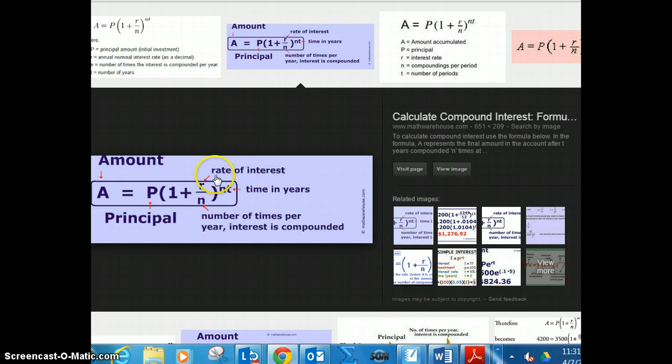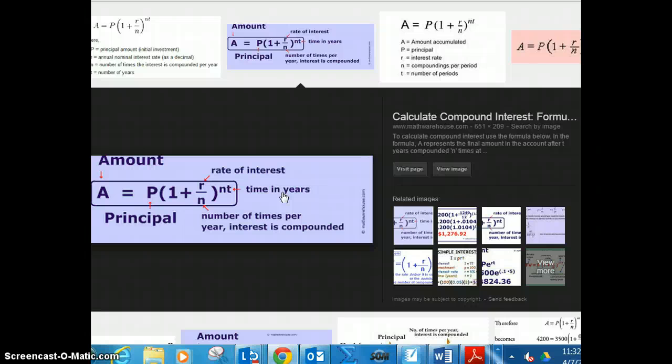Rate of interest, remember, is going to go in as a decimal. Okay, N, that's going to be the number of times per year interest is compounded. We'll talk about that again in a little bit. T is time in years. How many years will our money be accumulating?